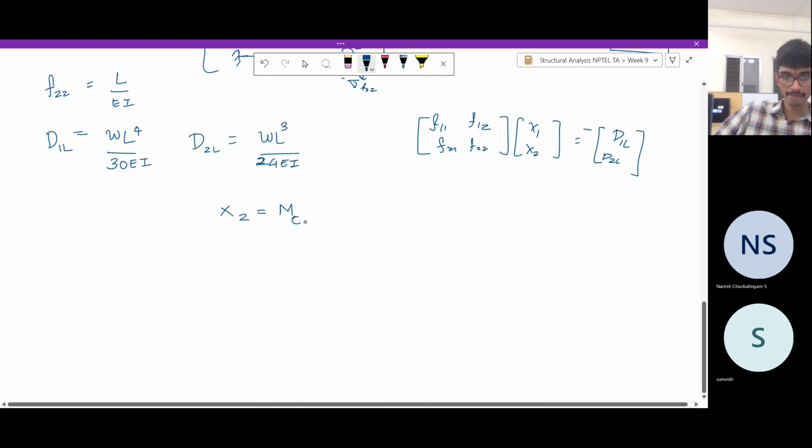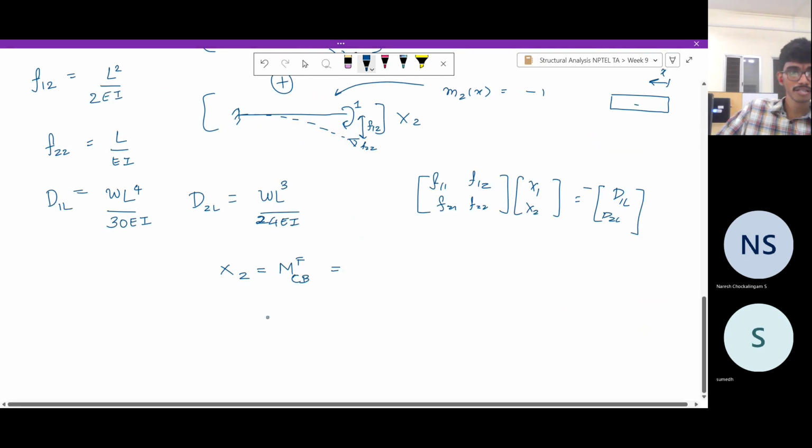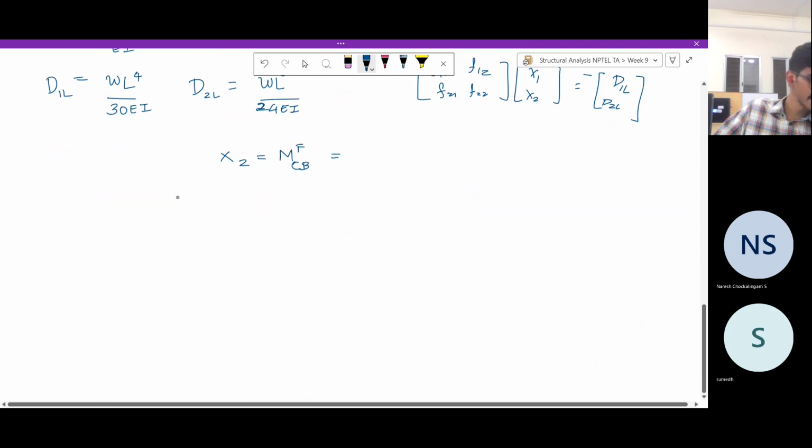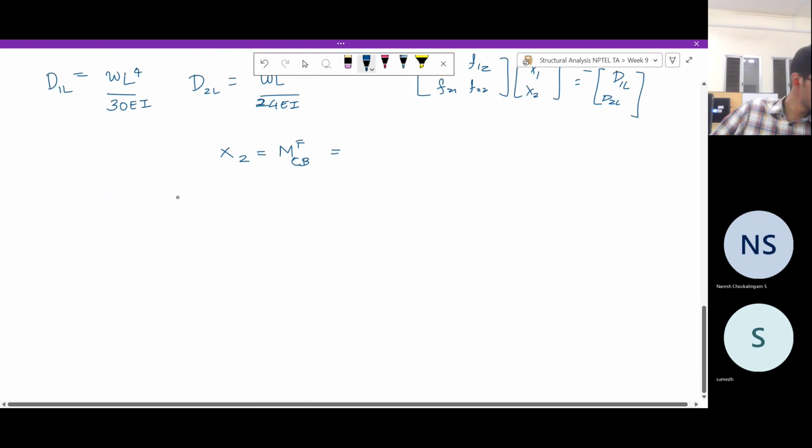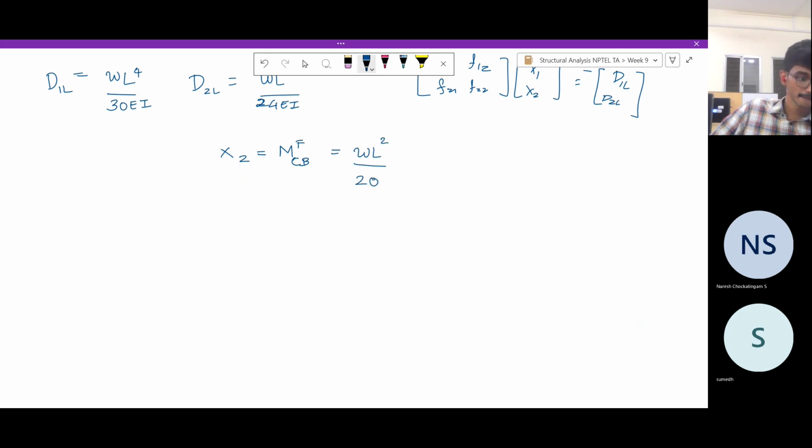So x2 is nothing but MCBF. Once you substitute all these values and solve, it is very simple. You get MCBF equal to W L square by 20. Sorry, W L square by 30.